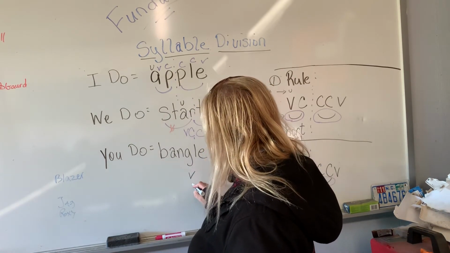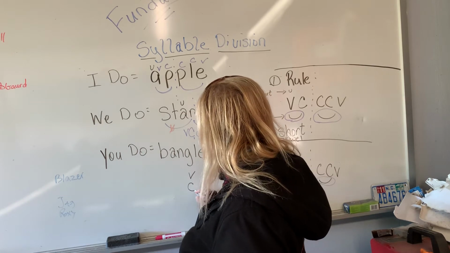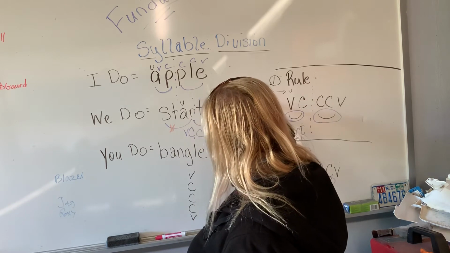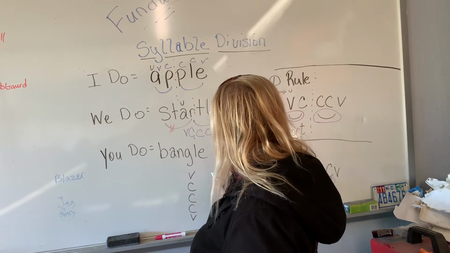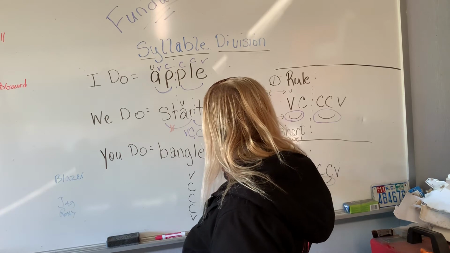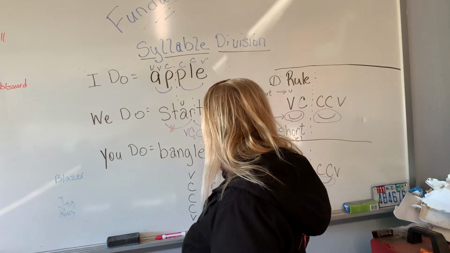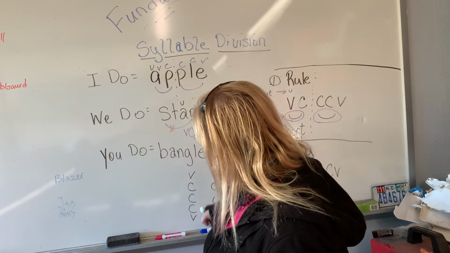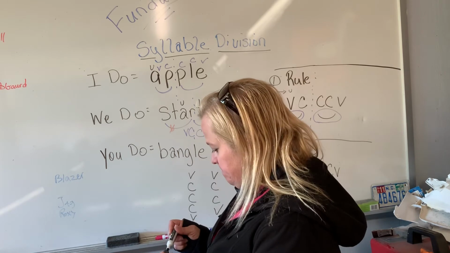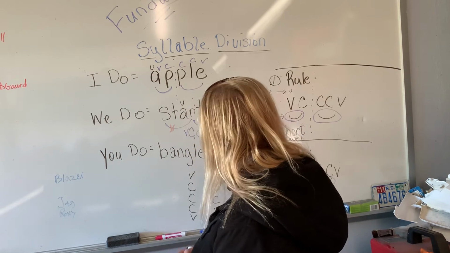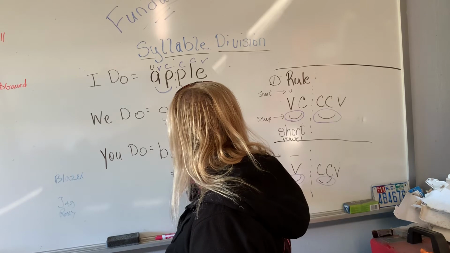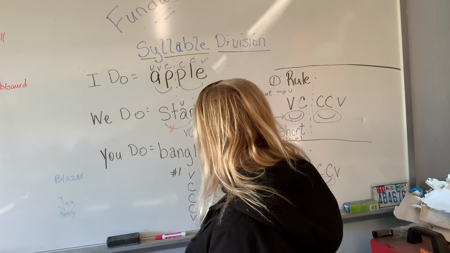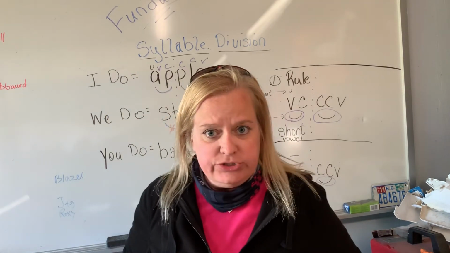I want to see vowel, consonant, consonant, consonant, vowel if it's for rule 1. If it's for rule 2, I want to see vowel, consonant, consonant, vowel. And I want you to tell me which letters it bumps up to. That should be able to tell me if it's rule number 1 or rule number 2. And then I can check your answer.